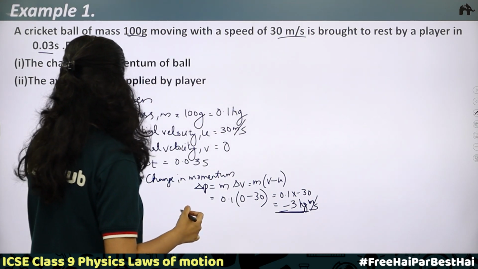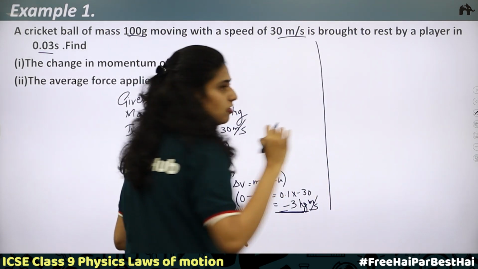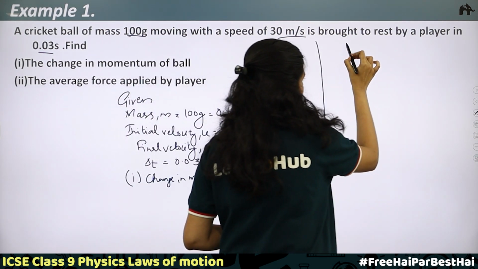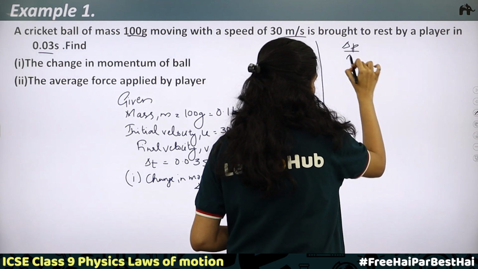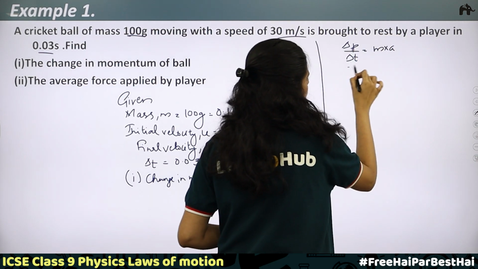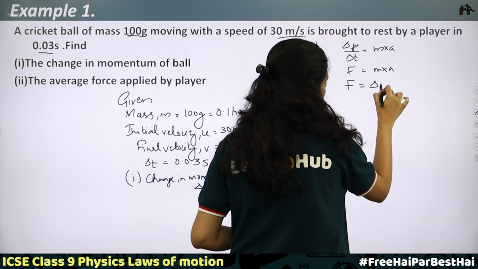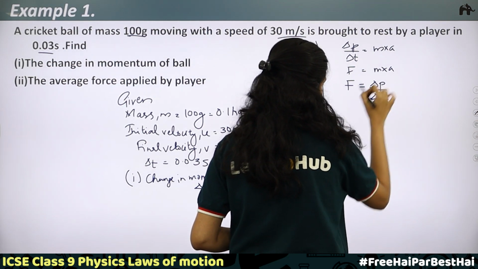Next, the average force applied by the player. How to find the average force? Today we have got a relation. Initially, we had delta p by delta t is equal to mass into acceleration. Force is equal to mass into acceleration, from which force is equal to delta p by delta t.